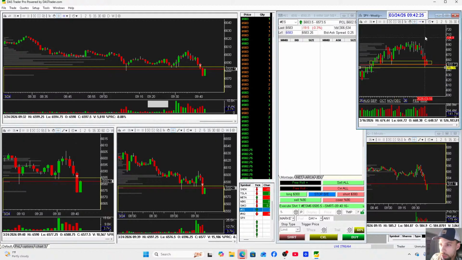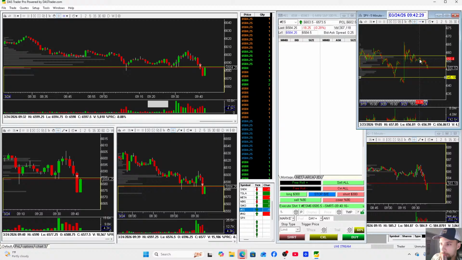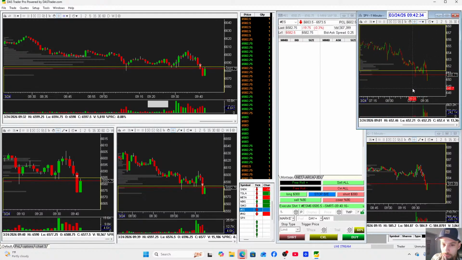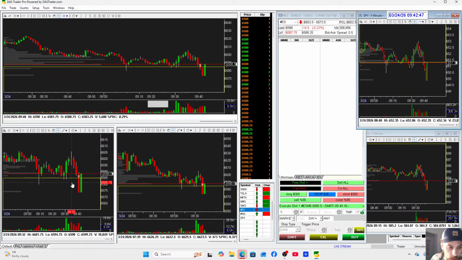Starting to pull back here. Love to see a rejection right here if we can get one. As we move down, volume picked up significantly, so that's good for me in terms of price action.